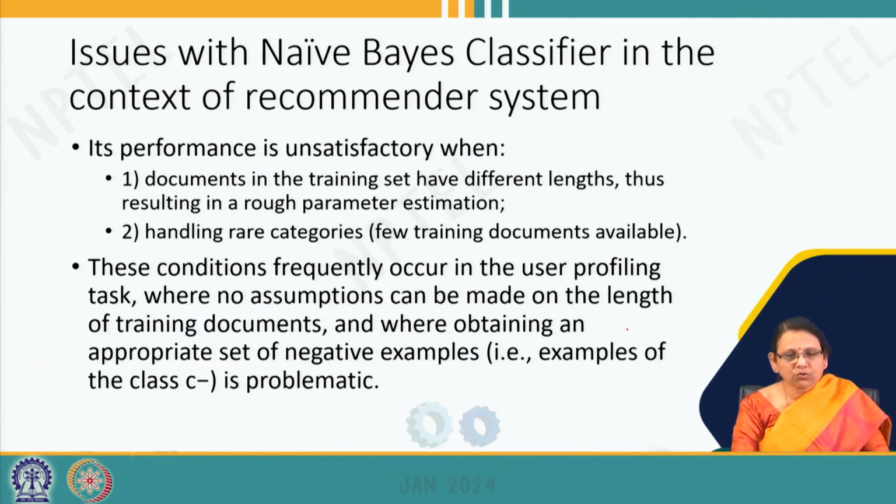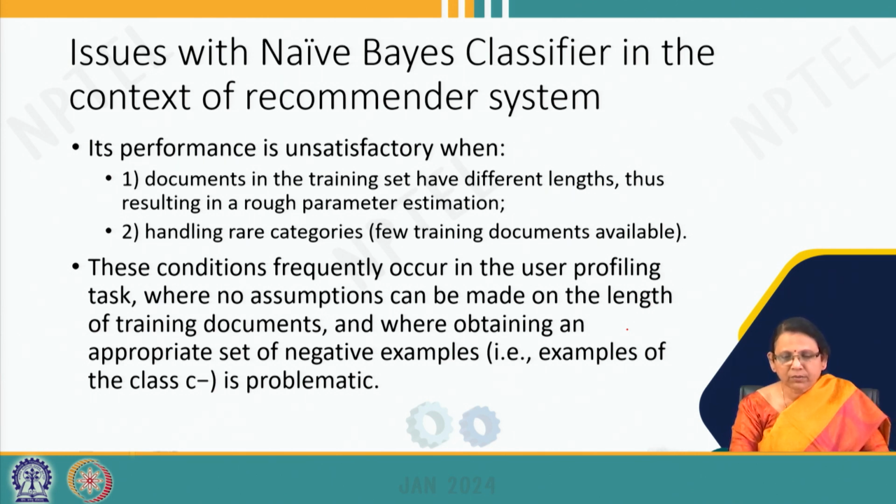Now, what are the issues with the naive Bayes classifier in the context of a recommendation system? Its performance is unsatisfactory when the documents in the training set have different lengths, resulting in rough parameter estimation. Then, handling rare categories: if fewer documents are available for a particular category, probability is going to be very low.